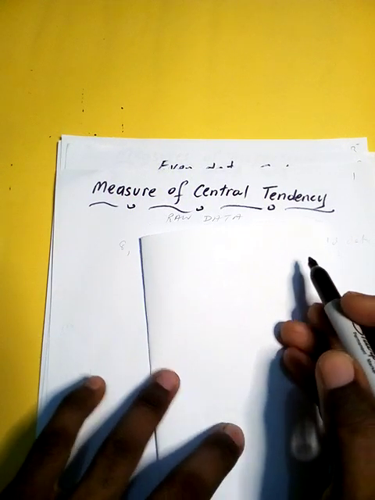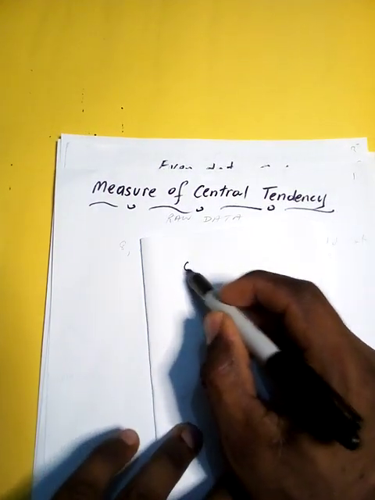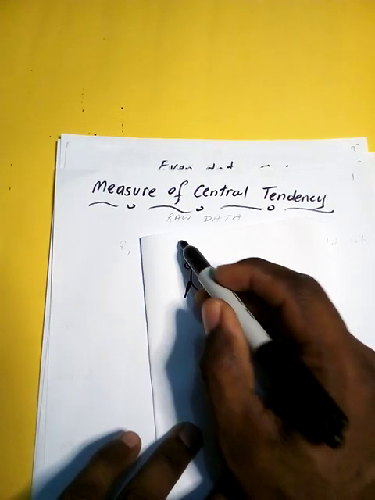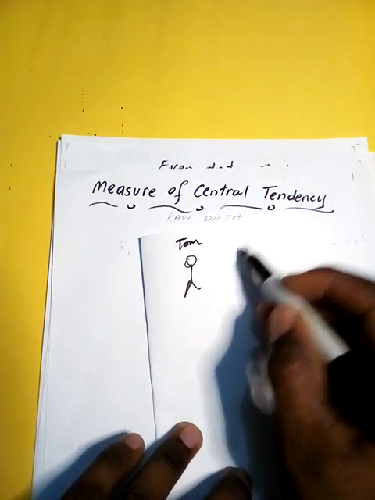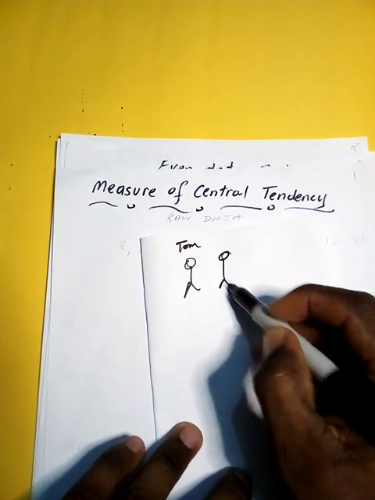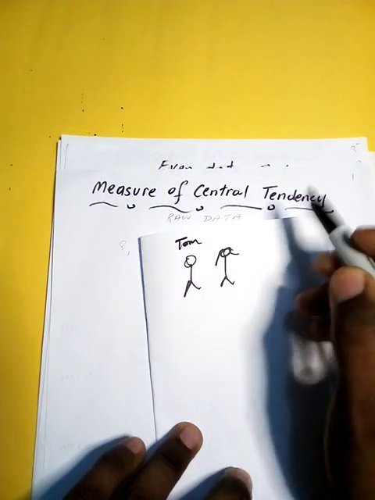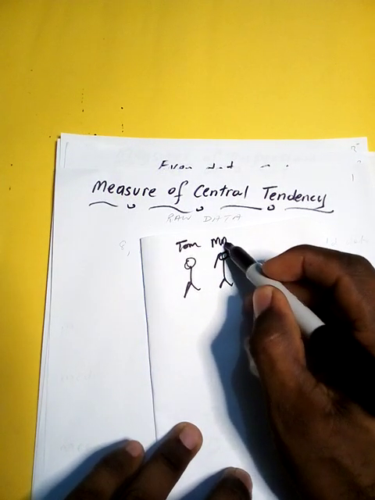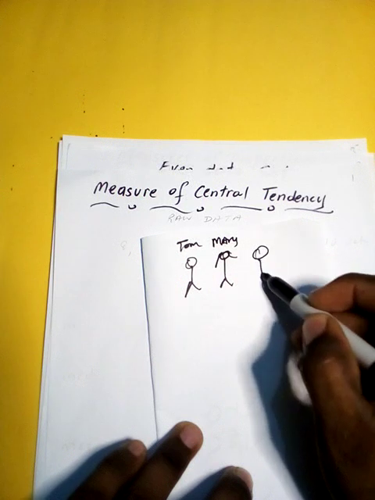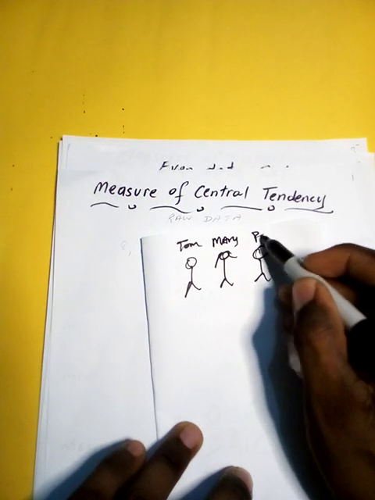Alright, so let us understand the idea in math of central position. So you have three friends. You have Tom here, Mary, and Peter.